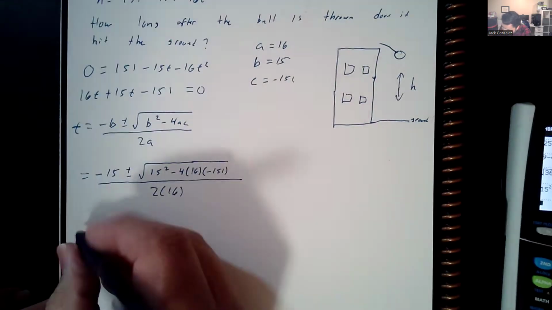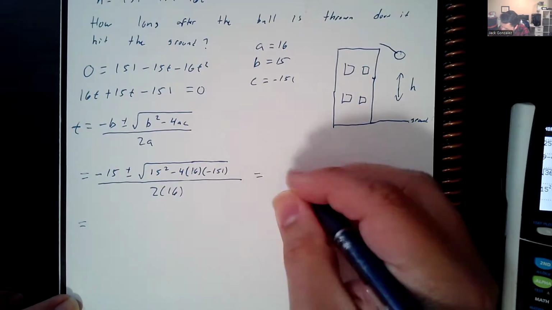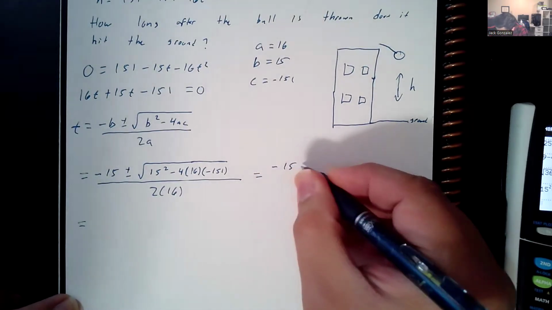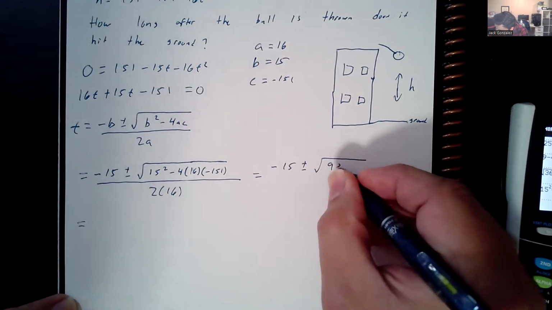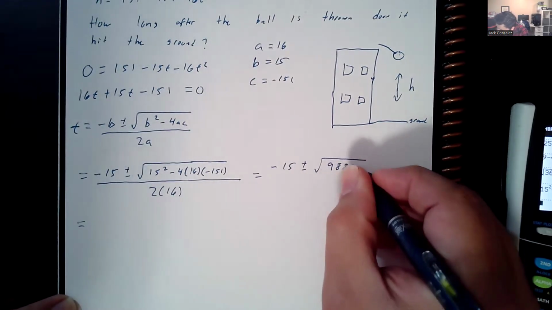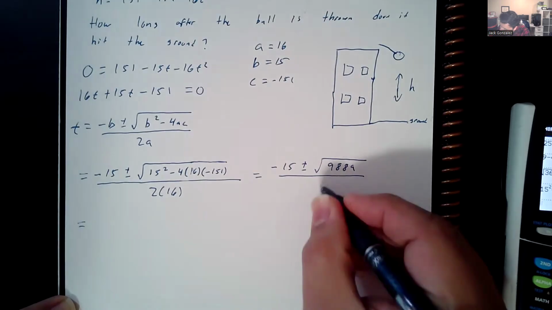So that'll be, I'll put it over here, negative 15 plus or minus the square root of 9,889, divided by 32.